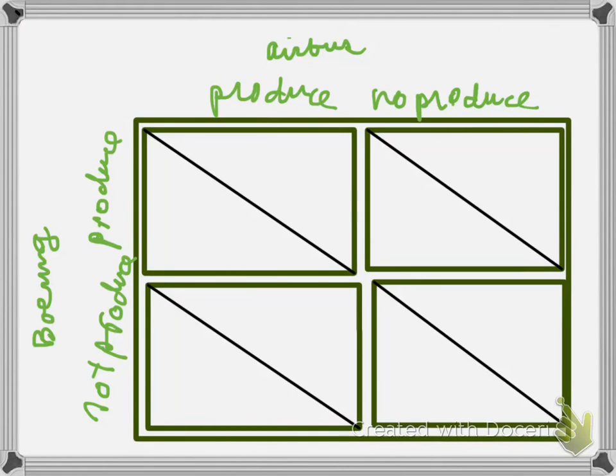If Airbus produces and Boeing produces, then we say that Boeing loses $5 million. If Airbus produces but Boeing does not produce, Boeing gets zero. If Airbus doesn't produce and Boeing produces, then they get $100 million. And if neither one of them produce, then they both get zero.